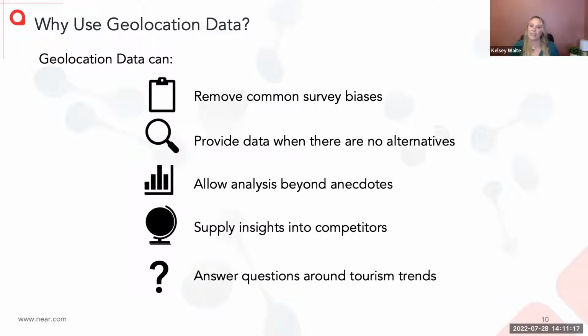And then providing data where there are no alternatives. Especially in the tourism space, we do have CRMs, but we don't have the largest population of all tourists. You have the people who've signed up for your newsletter, you have people who've sent you RFPs for conferences and events and group business, but that obviously is not going to be every traveler in North America, let alone the world.